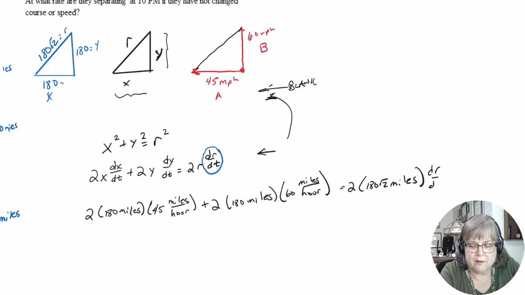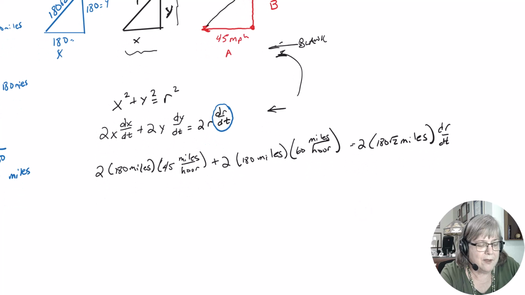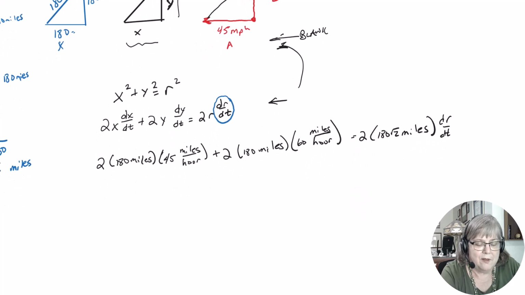dr/dt, right? So then you have to clean up the left and clean up the right and do a whole bunch of multiplying and adding. And so I've written it down and cleaned it up just a little bit. So it's 37,800. And look, right here you've got miles times miles, which is miles squared over hours, right?